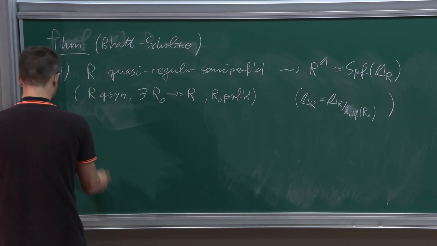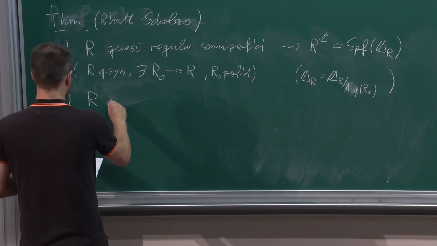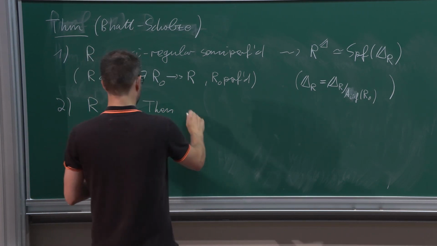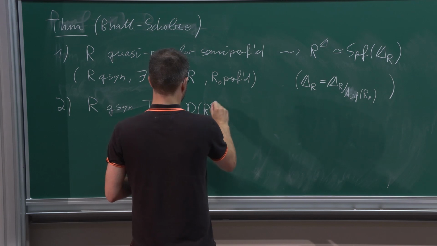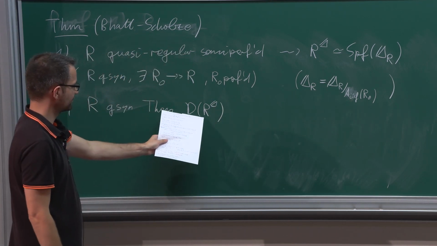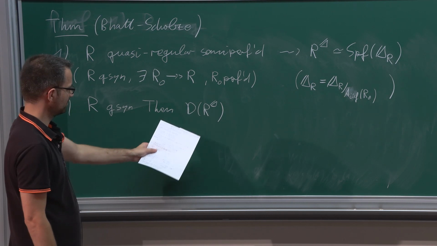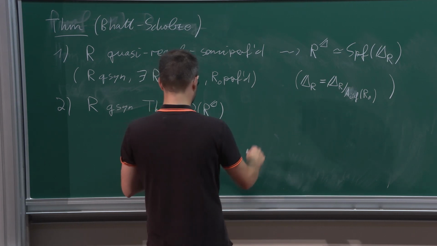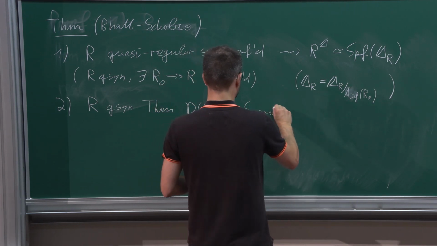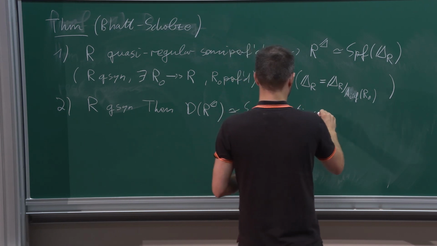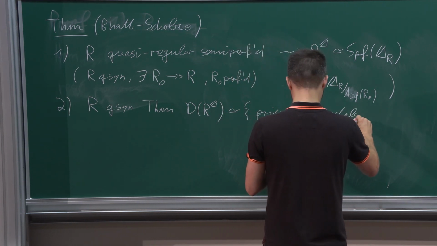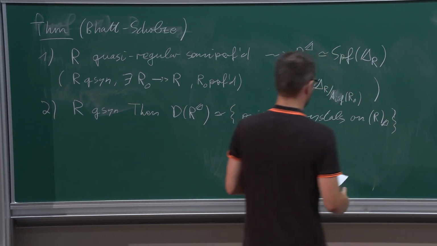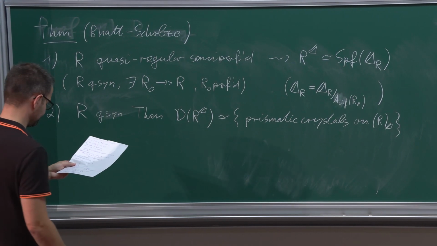And then secondly, if R is quasisyntomic, then the derived category of quasi-coherent sheaves on this prismatization, equivalently defined via some inverse limit of infinity categories, is equivalent to the category of prismatic crystals on the absolute prismatic site.